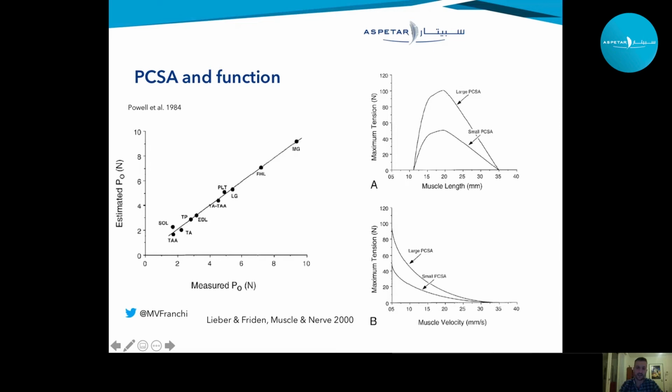And here, a similar force-velocity relationship is seen: the maximal velocity of shortening and the isometric state are similar between the two muscles, but the muscle with the large PCSA will produce more tetanic tension for a given muscle velocity.